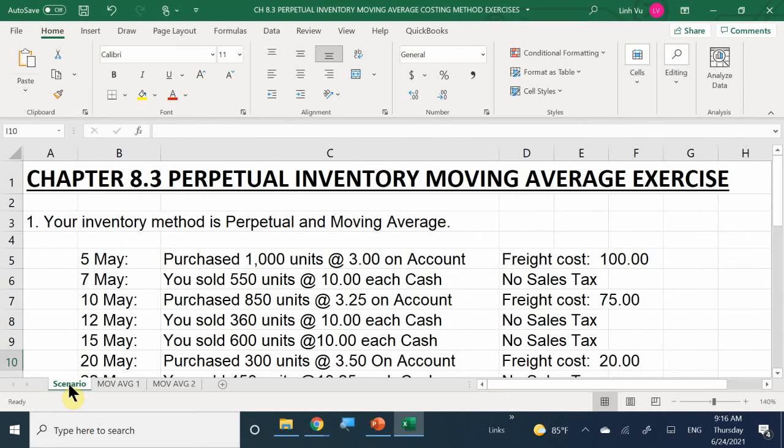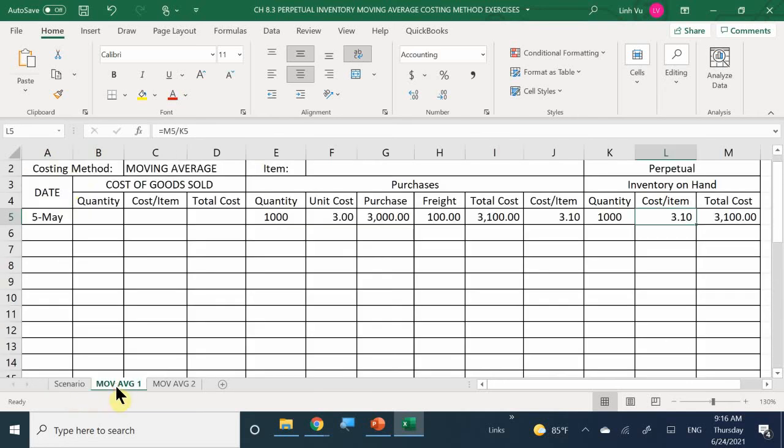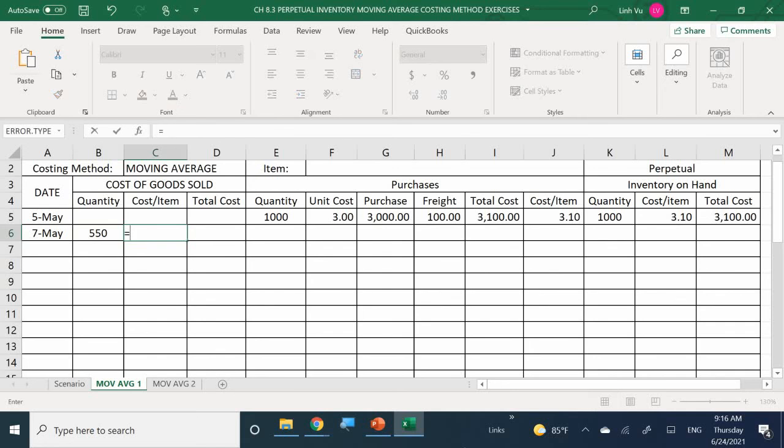So on May 7th, you sold 550 units. In this case, I only have one batch of inventory.